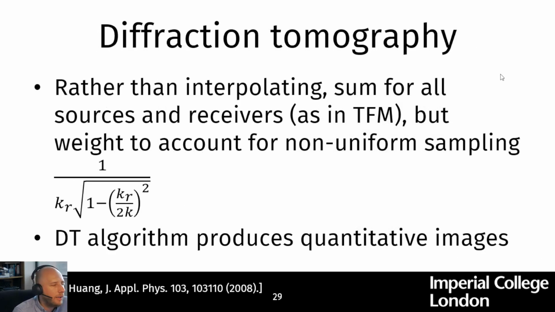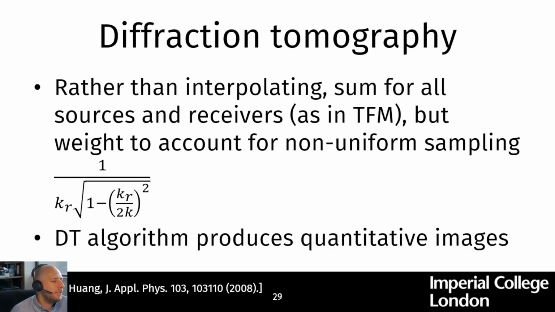This whole similarity between the two equations does give another approach for doing diffraction tomography. Rather than interpolating, we can effectively do the TFM approach, so simply sum up for all the send and receive combinations.